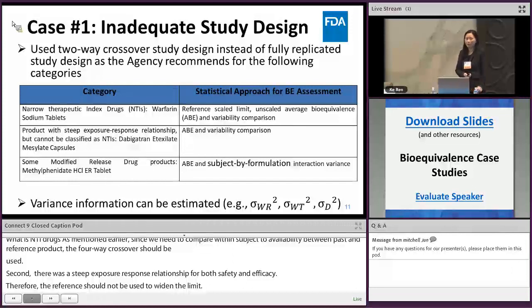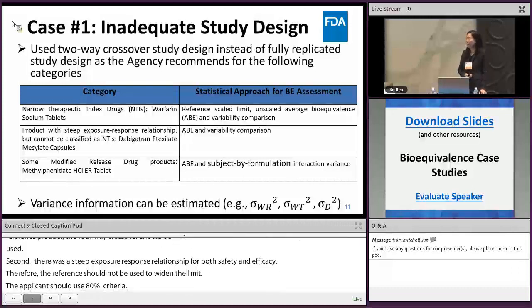Also, we do compare within-subject variability between test and reference products.